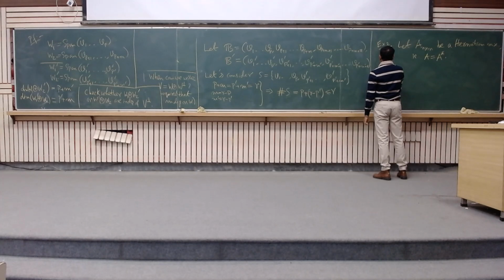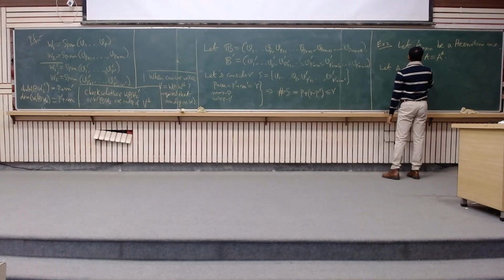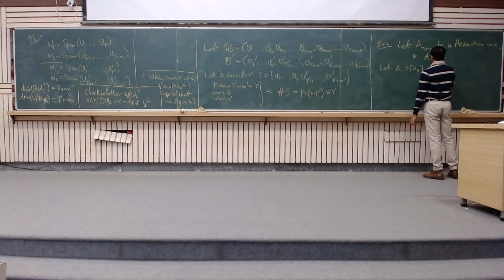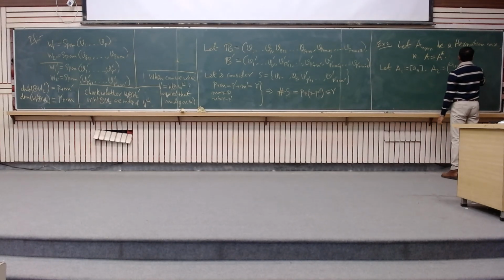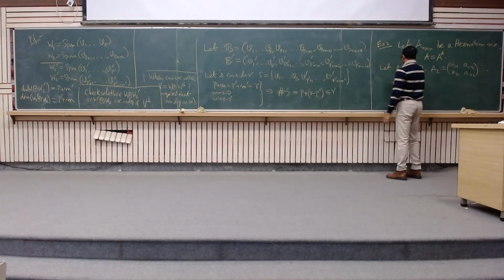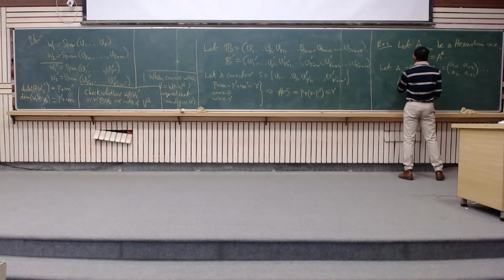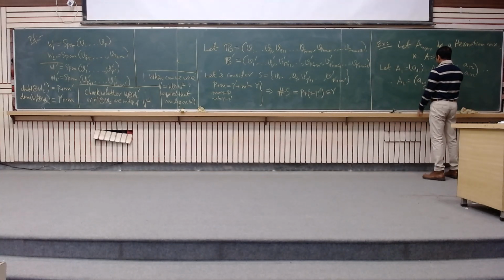Let A1 be defined as just this entry A11. A2 be defined as A11, A12, A21, A22. And similarly, AK is this matrix Aij, with square brackets, to keep the notation similar. So Aij, i less than or equal to K, j less than or equal to K. That submatrix.